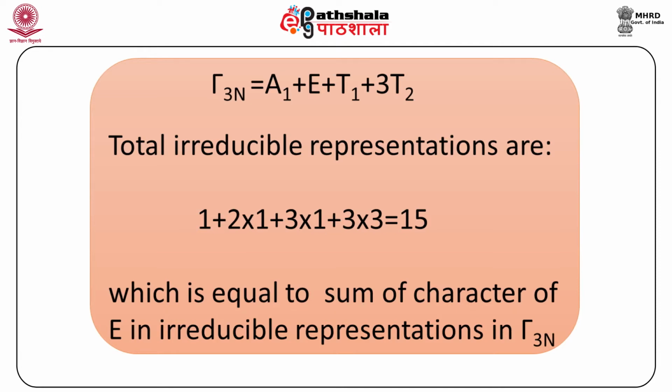Total irreducible representations give 1 plus 2 into 1 plus 3 into 1 plus 3 into 3, that is 15, which is equal to the character of E in the reducible representation tau 3n.